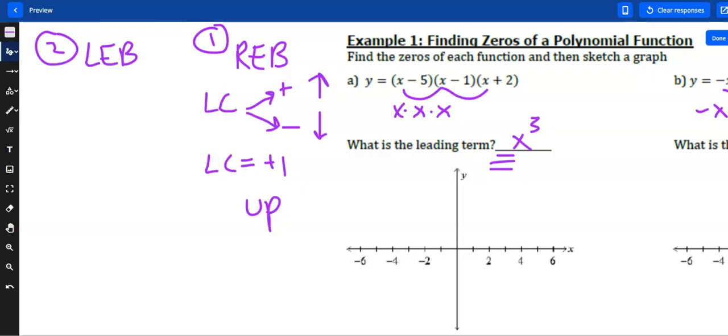Now, the reason you have to find the right end behavior first is because the left end behavior depends upon what you chose for the first one, depending upon the degree.